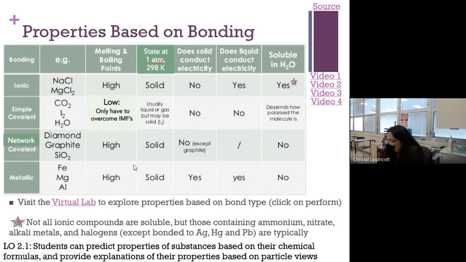And it's not soluble in water. And the metallic ones have high melting points and typically are solids at room temperature as well. They do conduct electricity because they've got that mobile sea of electrons that can move the electrical charge. They do conduct as a solid and a liquid, and they are not soluble in water.